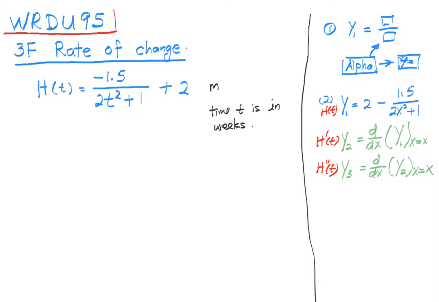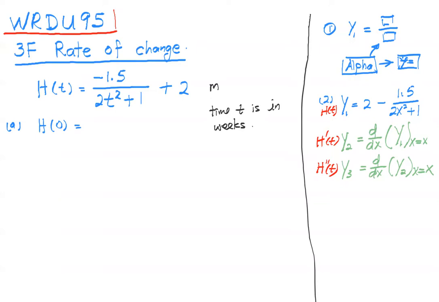So the first question is, I straight away use my GC. Part A, I put H(0). So this one, I will call out my Y1. And I put t equal to 0.